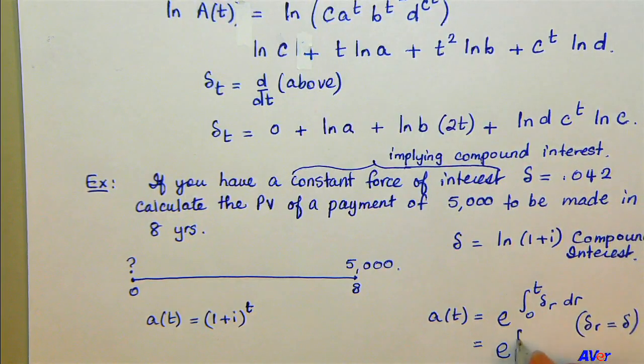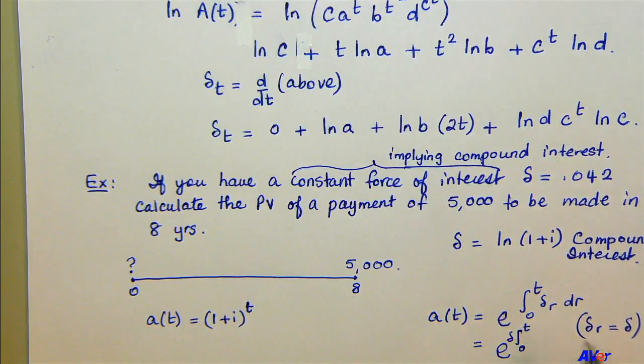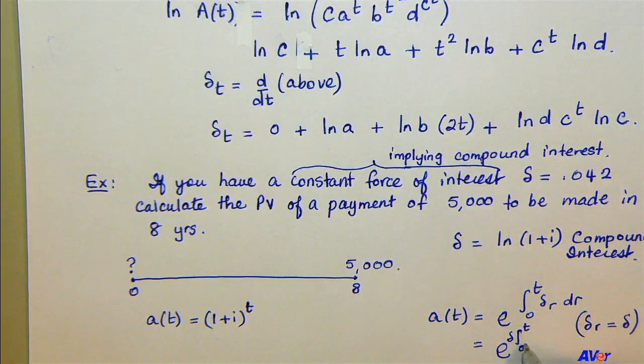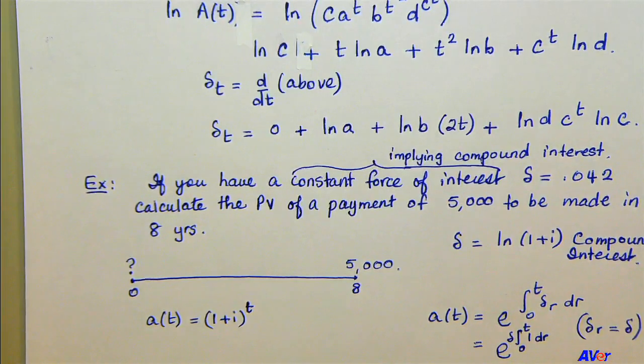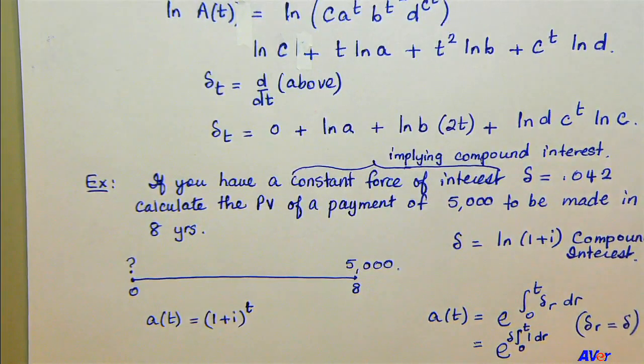So e to the integral from 0 to t of delta, I pulled that delta out, dr. So 1 dr, right? So I just get e to the delta t minus 0 here, right?